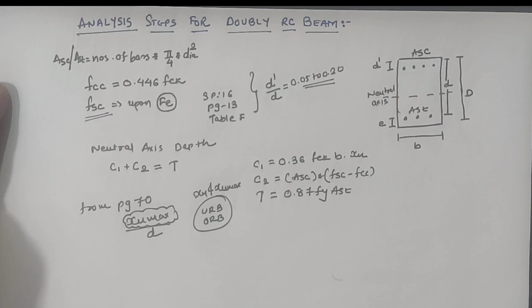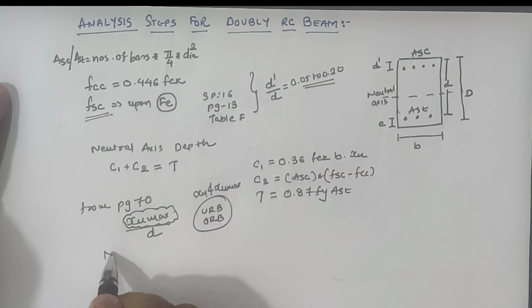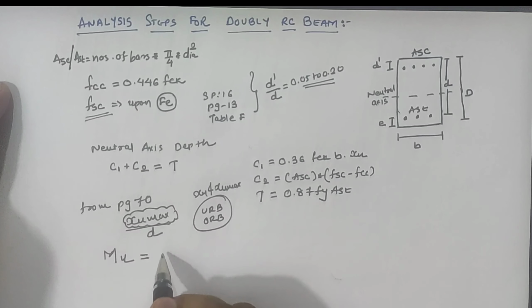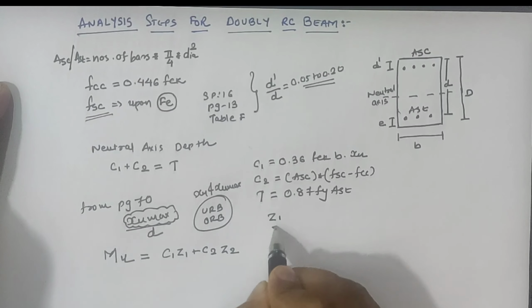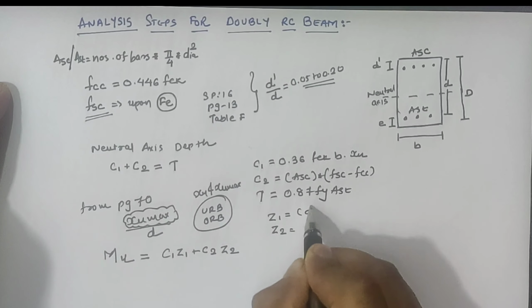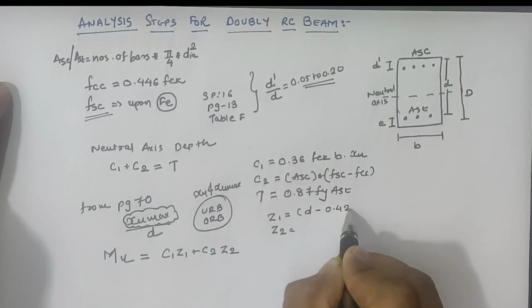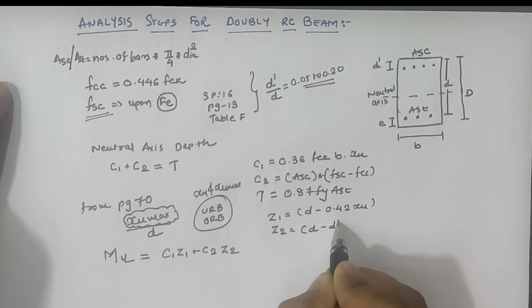So after calculating the values of xu and xu max, we have to find the moment of resistance of this doubly reinforced beam. The moment of resistance can be found by the equation C1 Z1 plus C2 Z2, where Z1 and Z2 are known as the lever arms, and Z1 is equal to d minus 0.42 xu, while Z2 is nothing but d minus d dash.